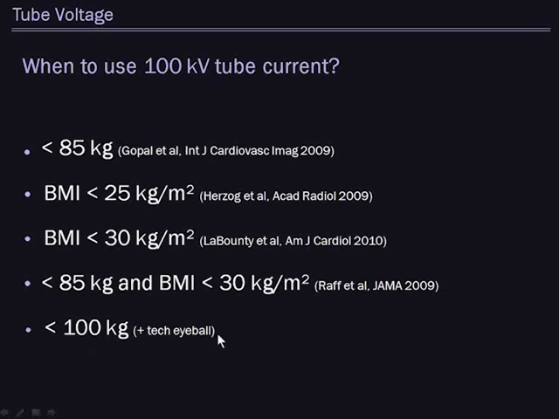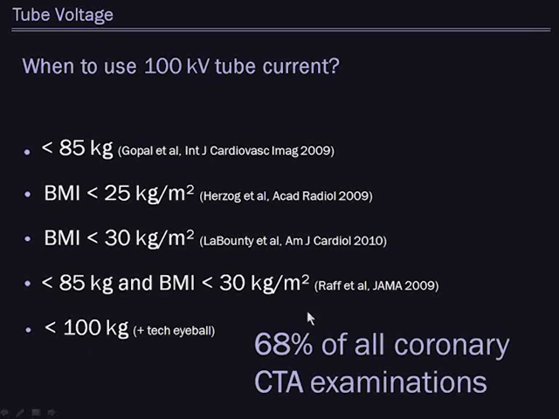Less than 100 kilograms, we scan with 100 kV, and this really significantly brings down our radiation exposure for coronary CT angiography. We currently use this in 68% of all our coronary CT angiography examinations. The majority of our patients have a body weight of less than 100 kilograms and can be investigated in this way.